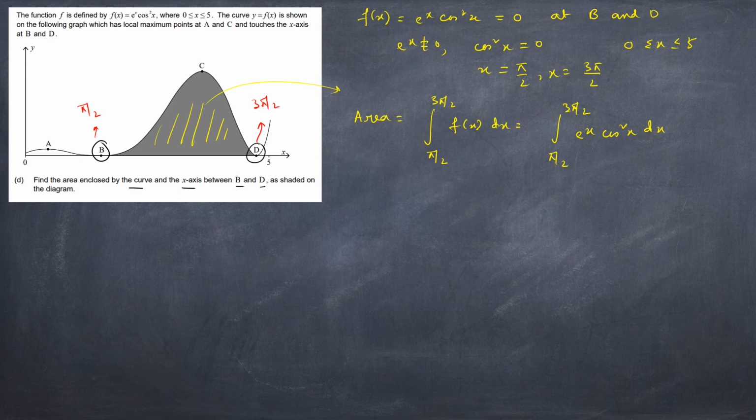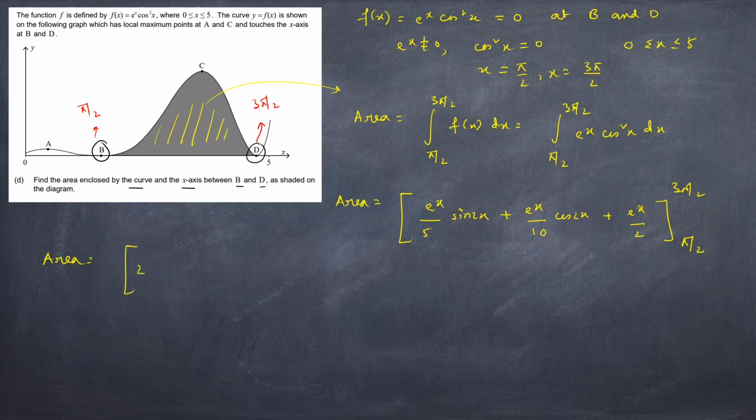So the area we are getting is e to the power x divided by 5 sin 2x plus e to the power x by 10 cos 2x plus e to the power x by 2, and the interval is from pi by 2 to 3 pi by 2. So the area will be 2 e to the power 3 pi by 2 divided by 5 minus 2 e to the power pi by 2 divided by 5.